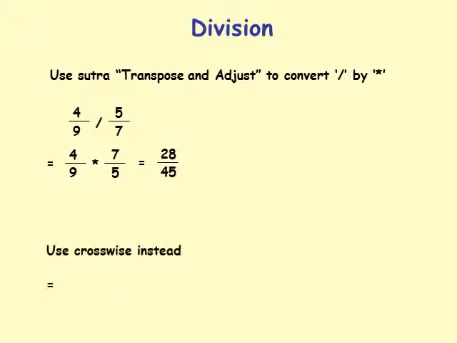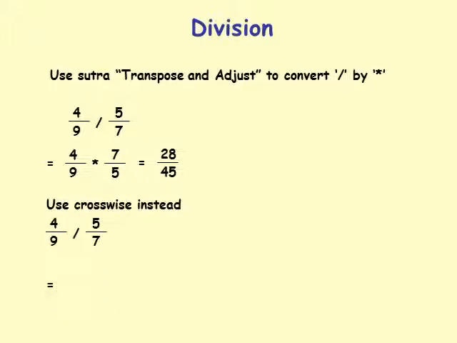Let's continue here. Use crosswise instead. First what we did is transpose and adjust. Now we're going to do the same thing using the crosswise principle, which is vertical and crosswise. We use only the crosswise part of that. So it's 4 by 9 divided by 5 over 7.